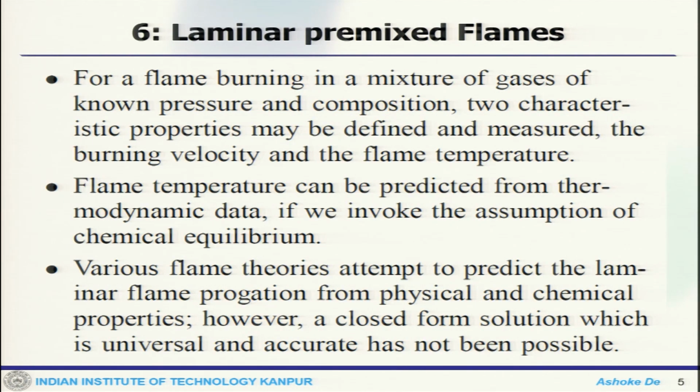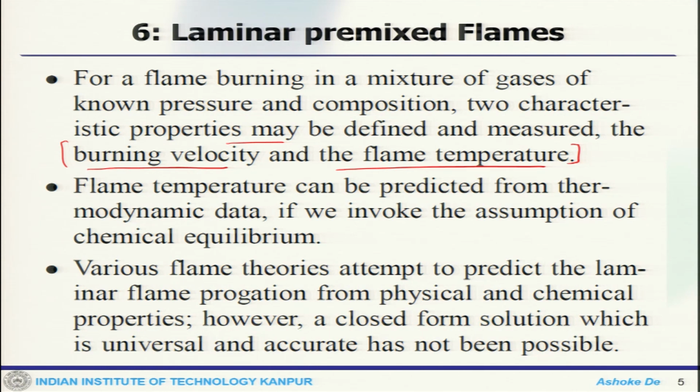Now, when the flame is burning in a mixture of gases, then at given pressure and composition, two characteristic properties can be defined and measured. One is the burning velocity, or flame speed, or laminar flame speed, second is the flame temperature. Now, that is always obvious.